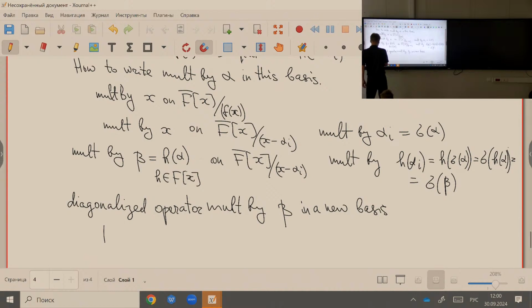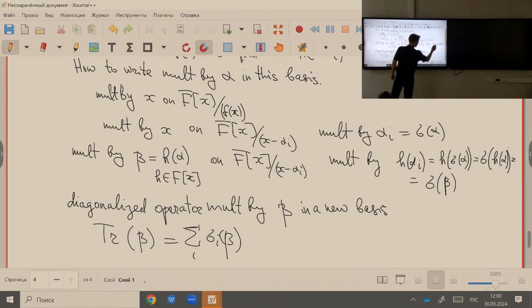So the trace of beta is just a sum of sigma_i of beta, and of course the norm is the same.